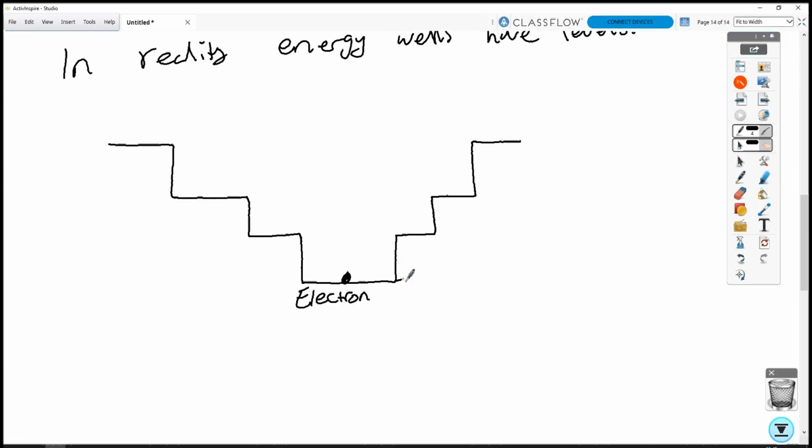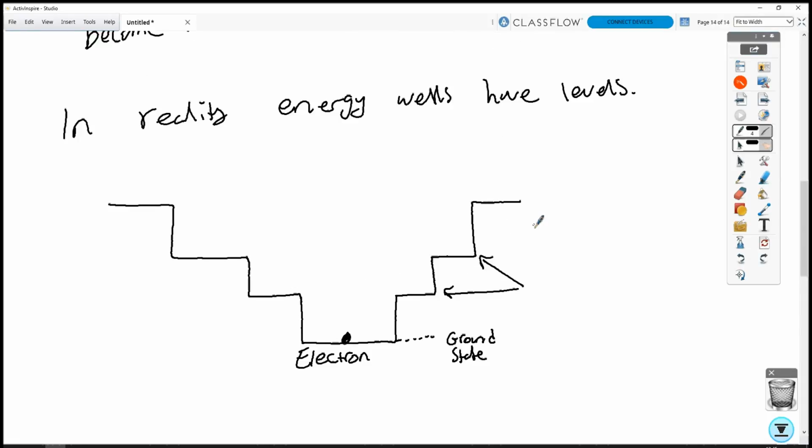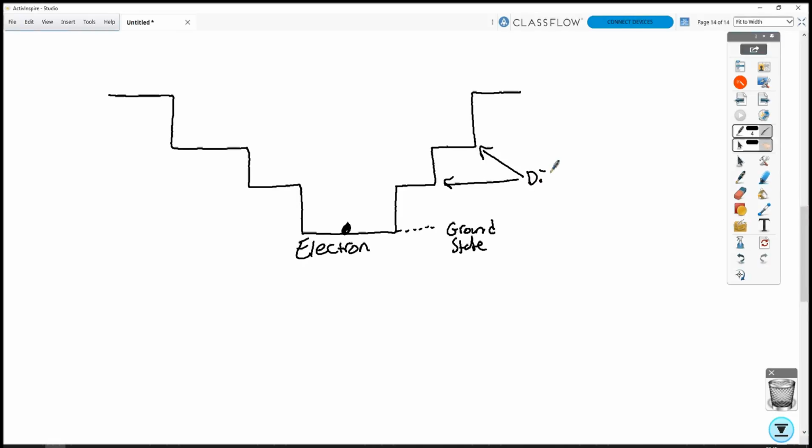This bottom part here is called the ground state. And these two places here are different energy levels. We also call these excited states.